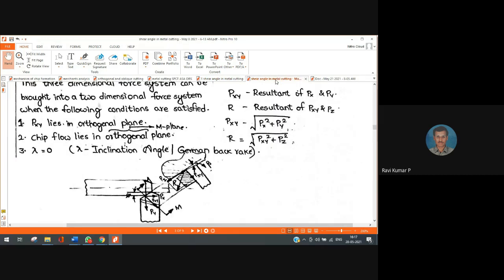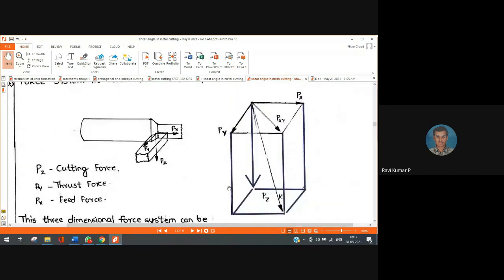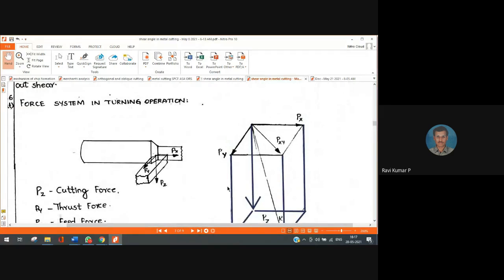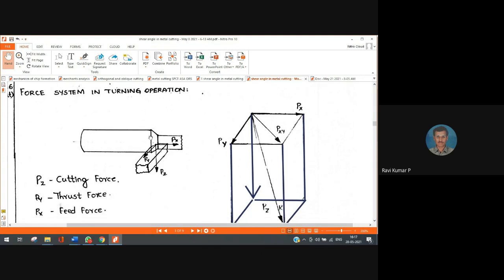The next type of issues which we have to talk about are the cutting forces. When I talk about cutting forces, if I look at the cutting forces in turning operation, you may observe this is an oblique cutting, where you find all three forces: feed force Px, thrust force Py, cutting force Pz, right?